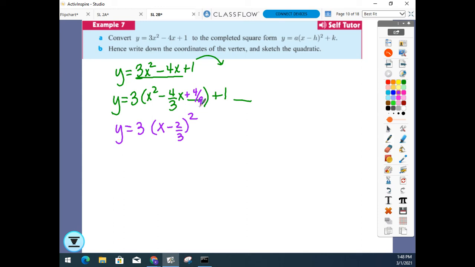Okay, here's where it gets a little trickier. If you have an outside coefficient, we have to multiply the 4/9 times the 3, which is 12/9, and 12/9 I can reduce to 4/3.